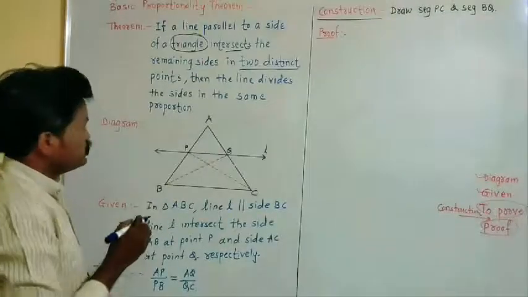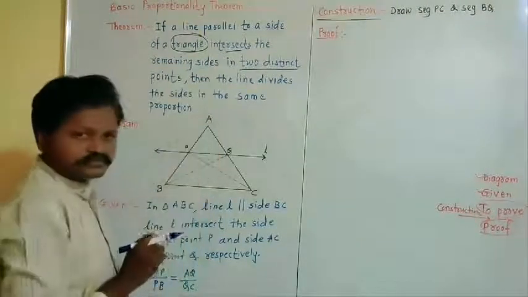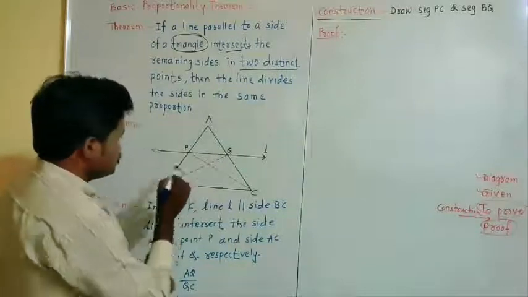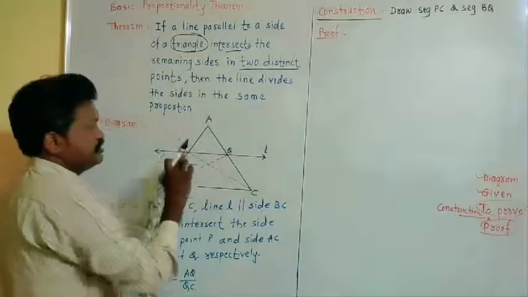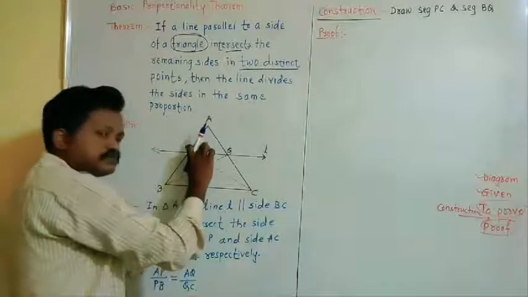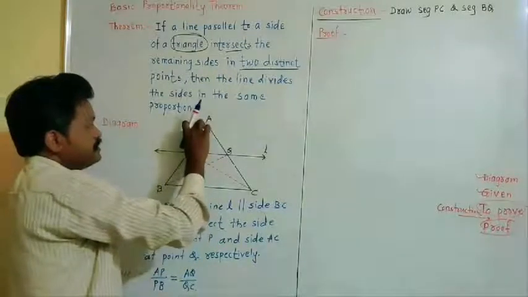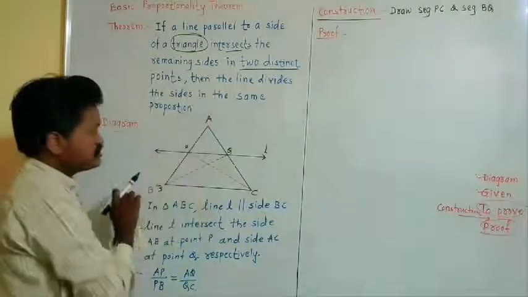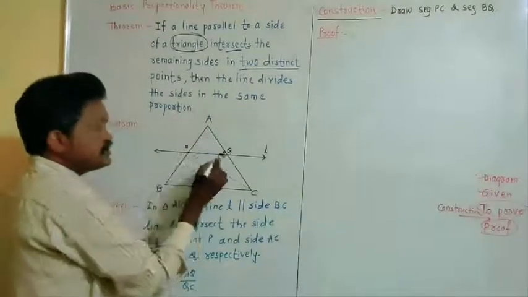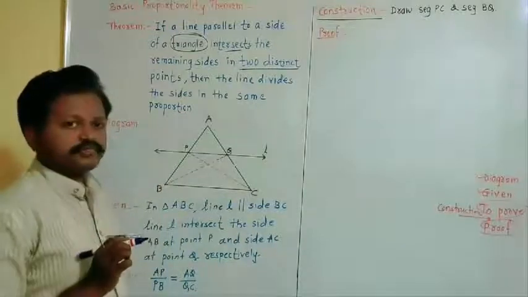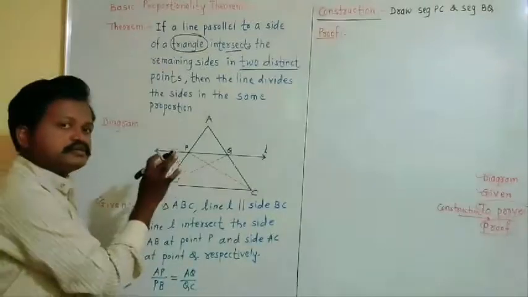So observe here, in triangle APQ, that is the first triangle, and I take the second triangle PQB. AP is the base of the first triangle and PB is the base of the second triangle. But these two triangles have a common vertex Q, and if two triangles have a common vertex, their height is equal.